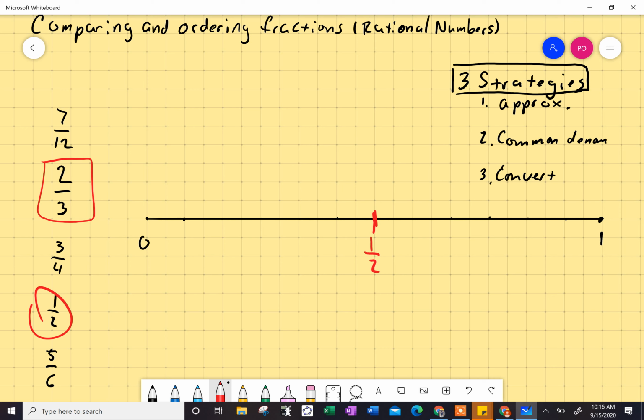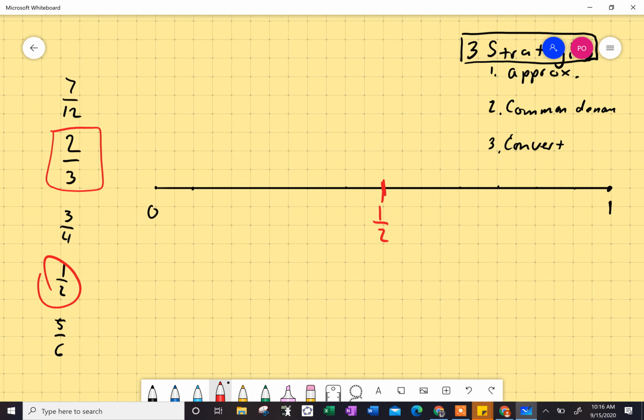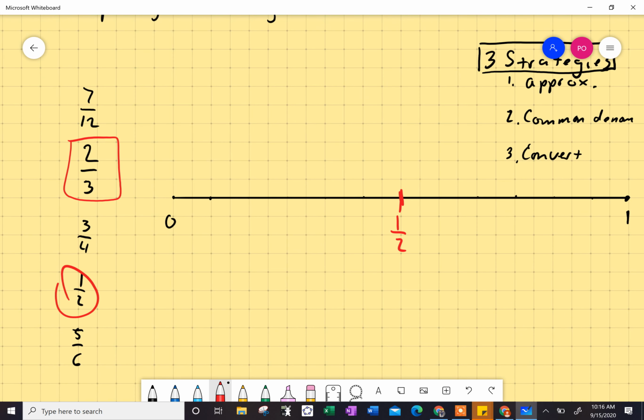Not really sure where, so I'm going to skip that one for now. 5/6, if I had 6 things, and I had 5 of them, I almost have the whole thing. So I'm going to say 5/6 is probably someplace around here. So 5/6 is probably pretty big.